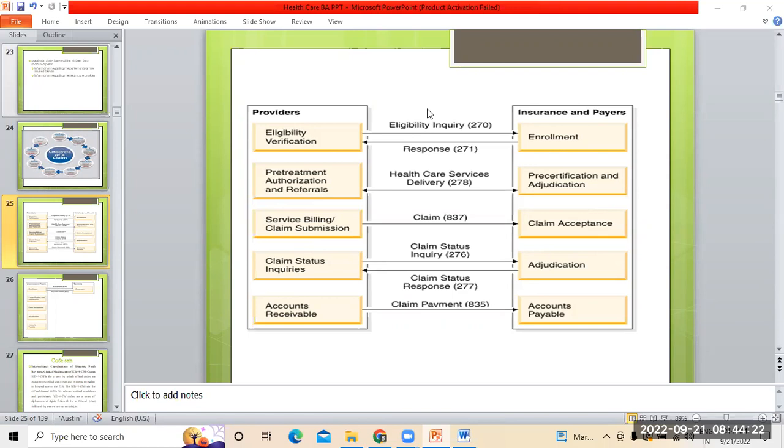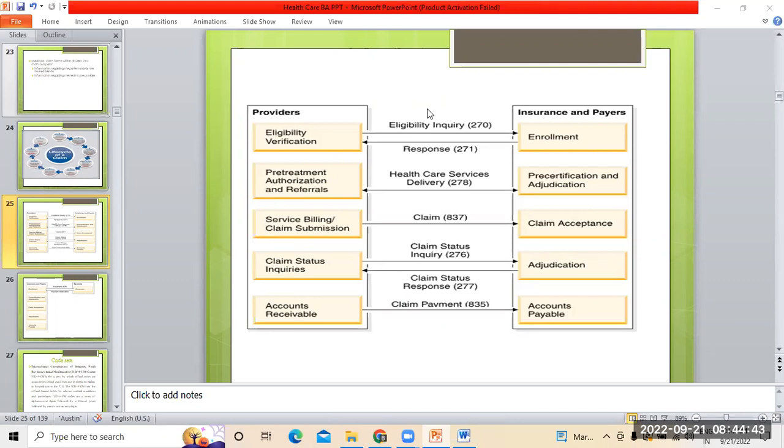So it has nothing to do with the role of a business analyst, right? There are a few more codes involved, but that is not required, not needed. But for the claim related stuff, this is the information which is really required for us to understand.